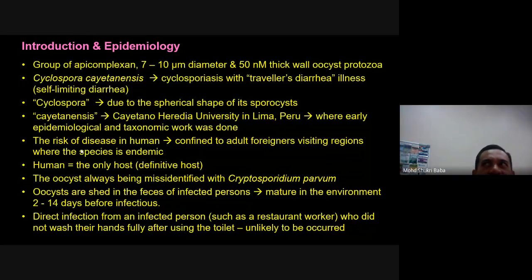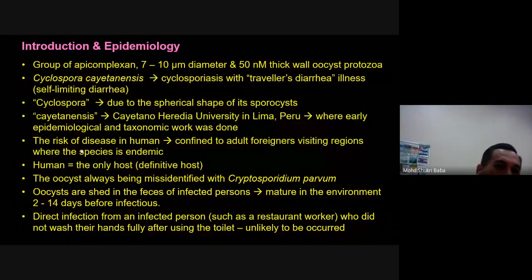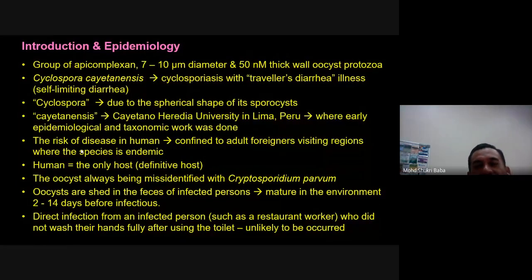Okay, so kita tak tahu macam mana dia boleh laku, but this is the study or statement dia keluarkan. But somehow mode of transmission is still by fecal oral lah. Alright.